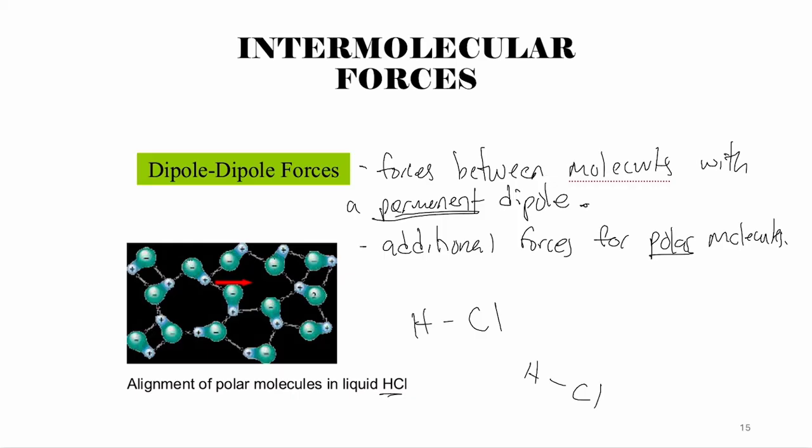So that's going to have a partial negative charge, and the hydrogen is partial positive. The same thing for this molecule down here. This creates a dipole that goes in that direction, and here we have a dipole that goes in that direction, from partial positive to partial negative. And this is always there because there's a permanent electronegativity difference between these two atoms.